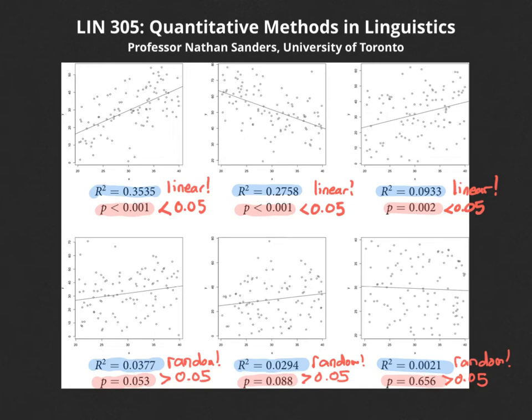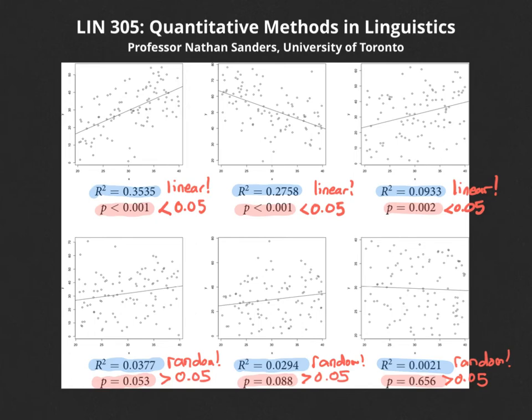If we can't prove that there's a linear relationship, then it doesn't make sense that a linear model would be able to explain very much of the data's variation. So in the bottom left, we see that R-squared is 0.0377, which means a linear model can only explain about 3.77% of the variation in the data.